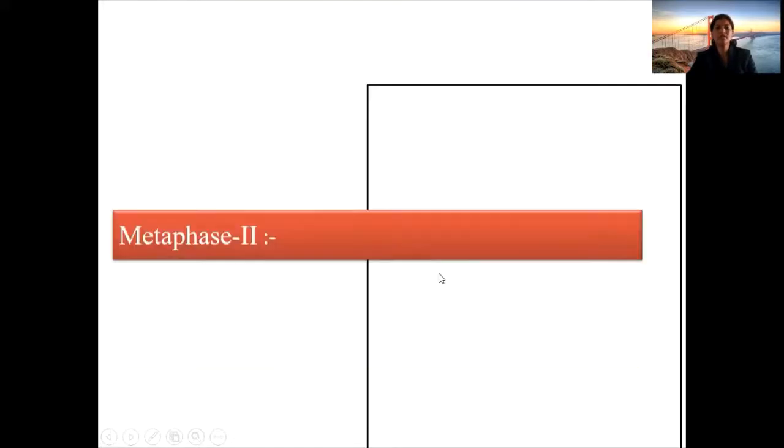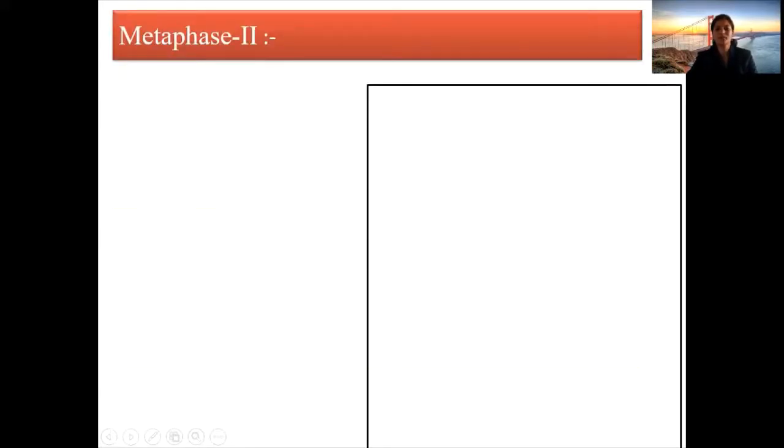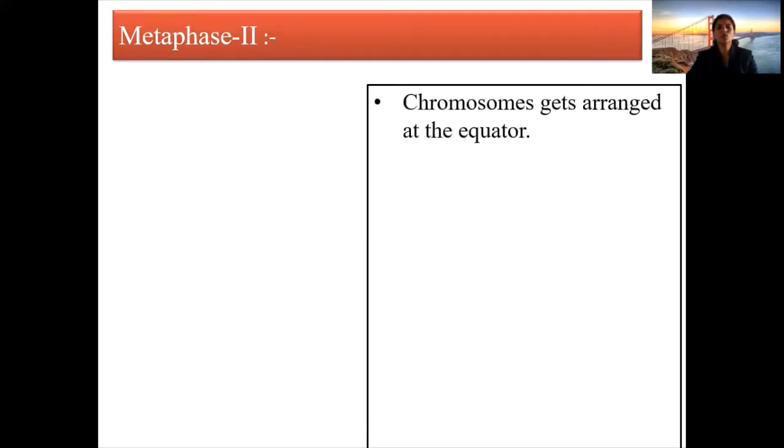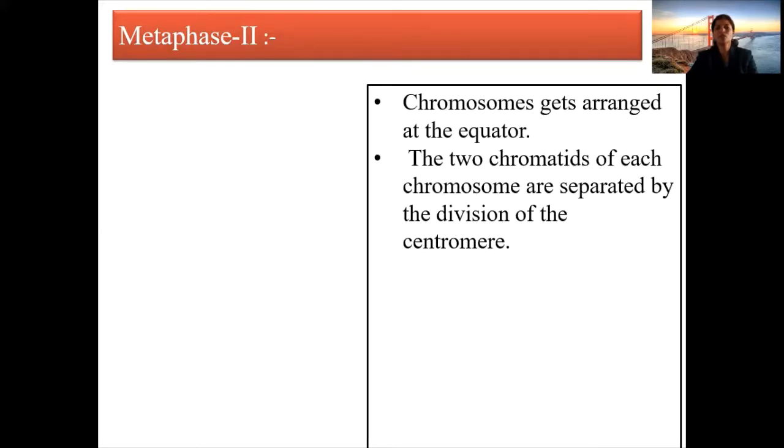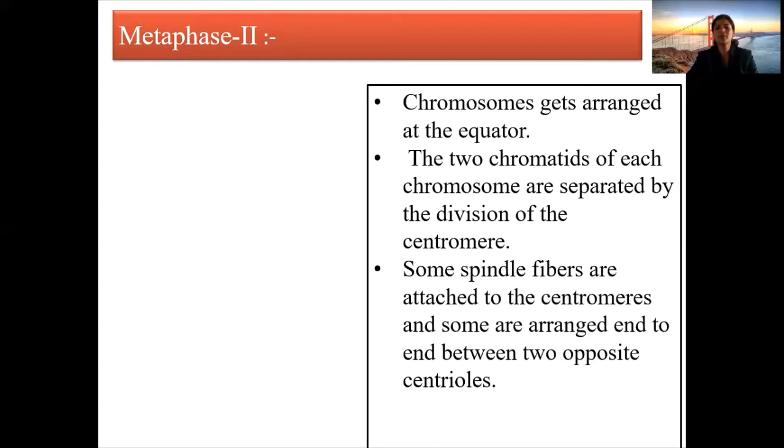Now, the next one is metaphase 2. In this phase, chromosomes get arranged at the equator. The two chromatids of each chromosome are separated by the division of the centromere. Some spindle fibers are attached to centromeres and some are arranged end to end between the two opposite centrioles.